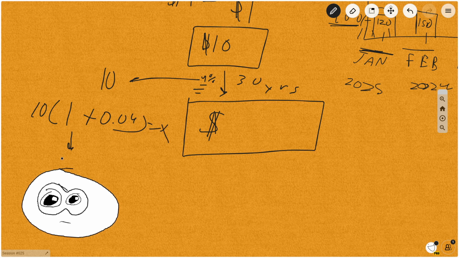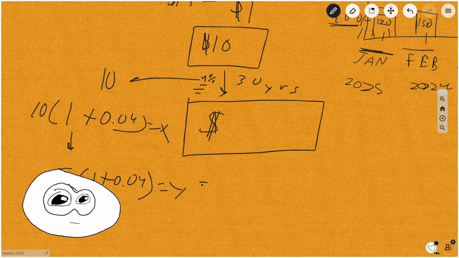If that's x, then it becomes x times 1 plus 0.04. And then if that equals y, then the next year it becomes y times 1 plus 0.04.